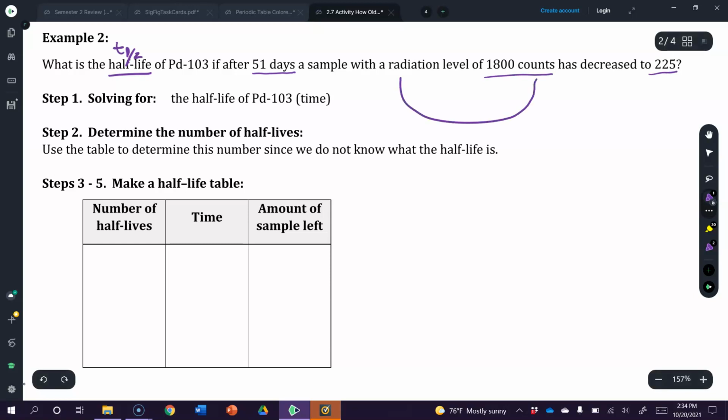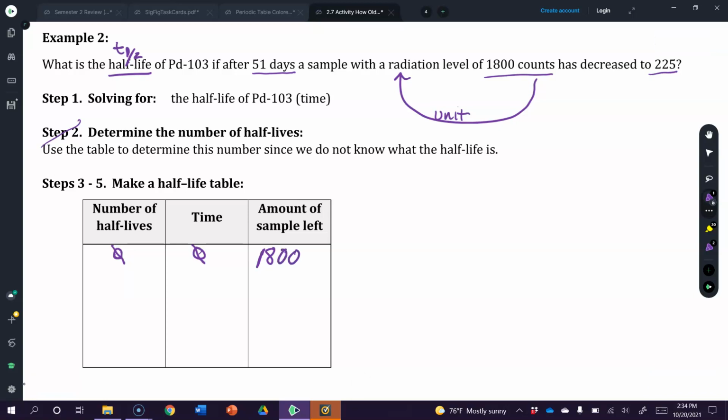So counts is the unit that we use to measure the radiation level. Okay, so first step, we know what we're solving for is half-life, which means we don't do step 2 because we do not know what the half-life is. Then step 3, we're going to make a table. And then step 4 is 0, 0, and then the amount we start with is 1800.